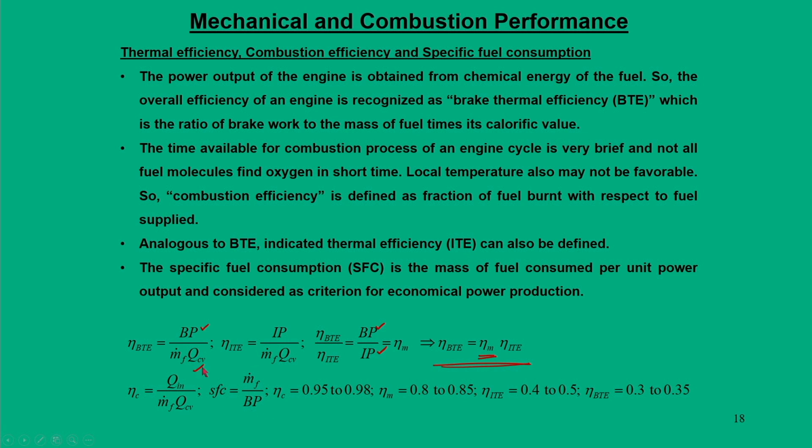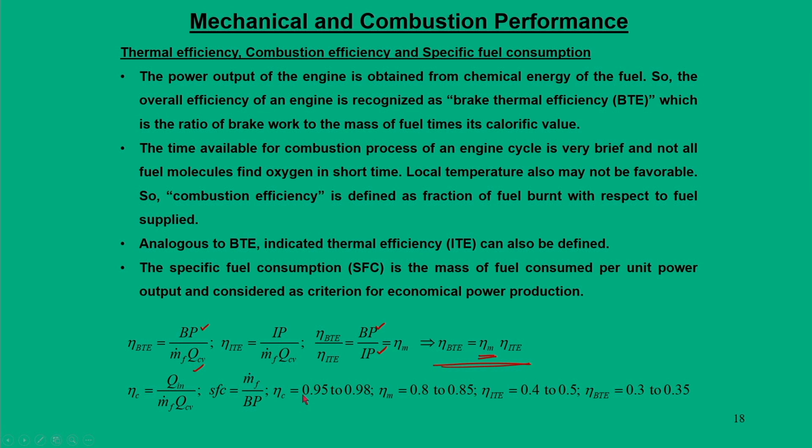This is of more interest to the user, and it is mostly interpreted as the mass of fuel consumed divided by the brake power. Many books also represent it as BSFC, that is also true, but mostly we are not interested in indicated specific fuel consumption. So, we mostly interpret it in terms of brake power. Either you write SFC or BSFC, it has the same meaning.